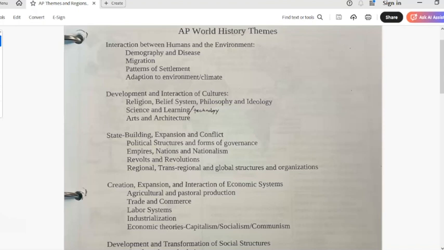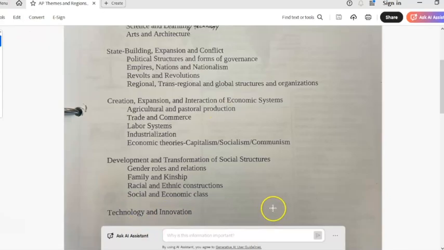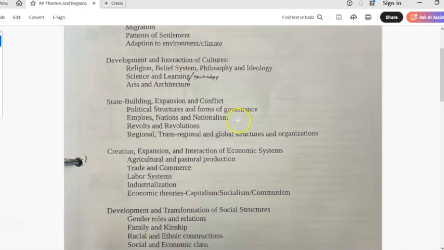You see here, we've kind of linked technology with this. Okay, even though technology and innovation is its own category, there is kind of a linkage here with culture. The best example of that would be the Gutenberg printing press, right? The Gutenberg printing press is definitely a technology, but it does have a cultural aspect to it.